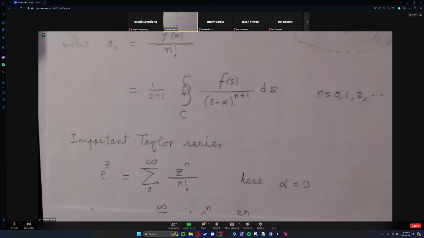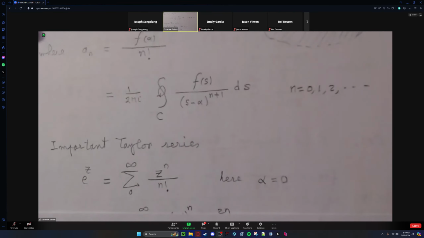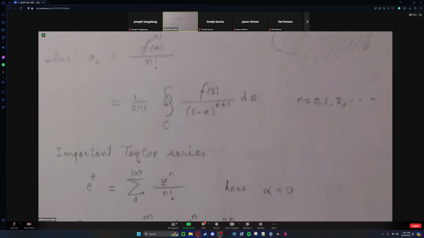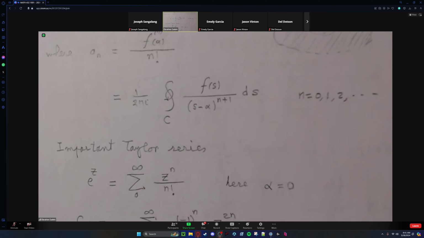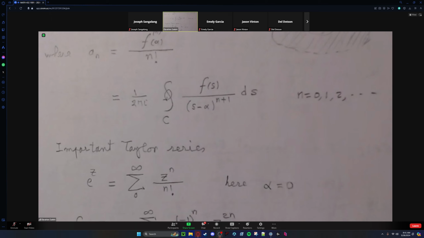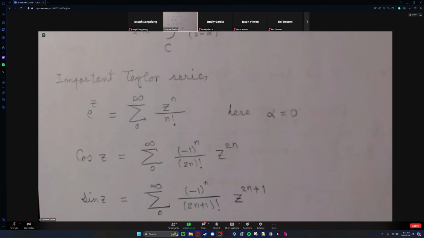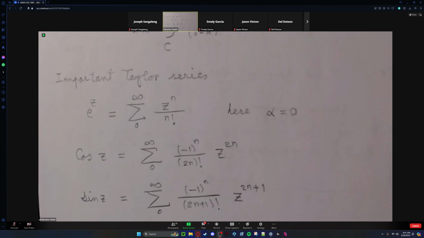These are those important functions, starting with the exponential function. e to the z is right here. And this is true for all values of z. There is no restriction. We have cosine of z. Then we have sine of z.